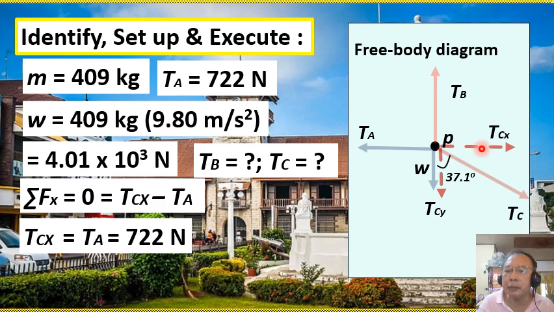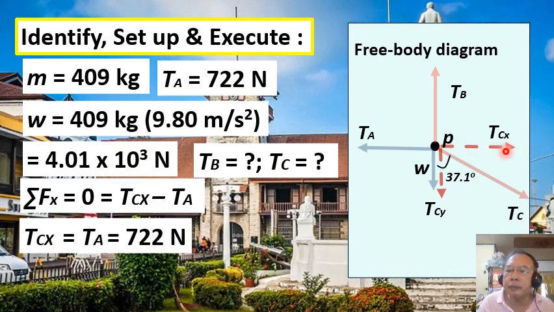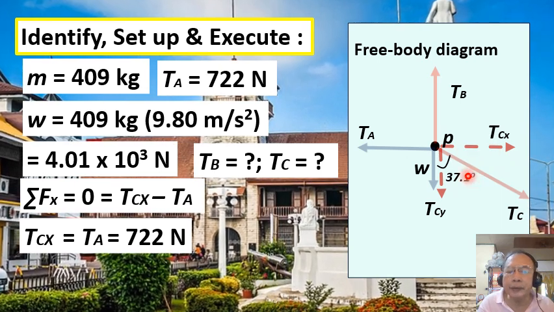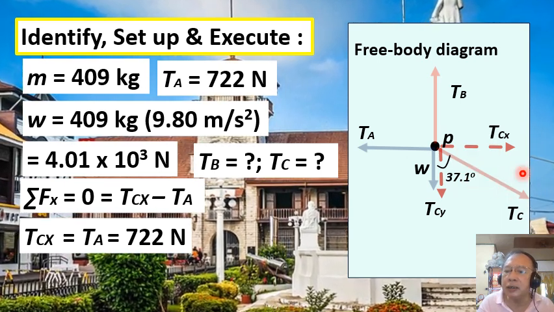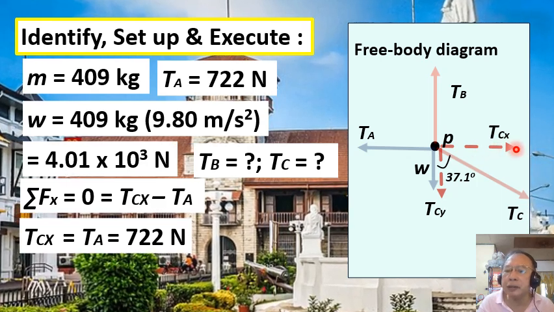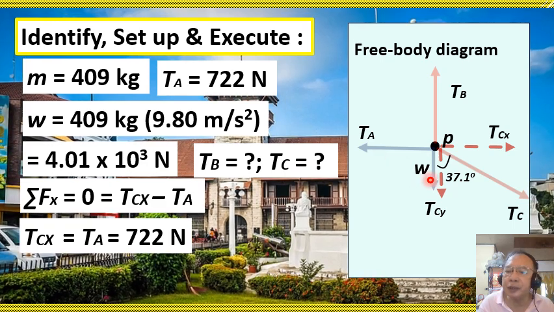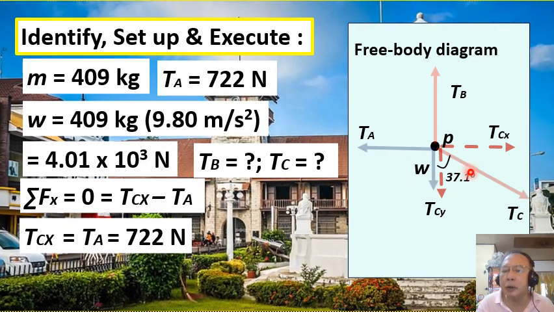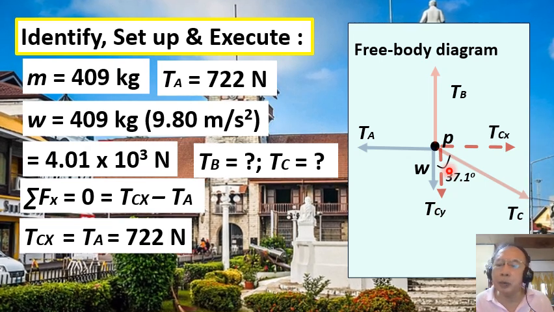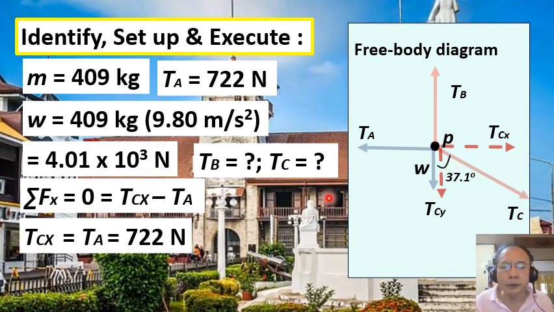So in our diagram, we have here the x component TCx of the unknown tension TC. So TCx is directed to the right, exactly opposite to the tension TA, while its vertical component, represented by TCy, is directed downwards.